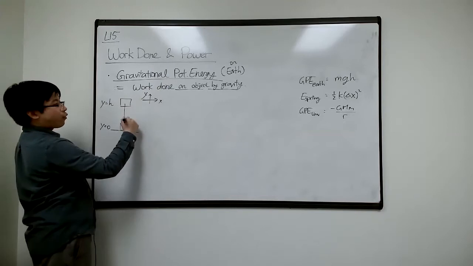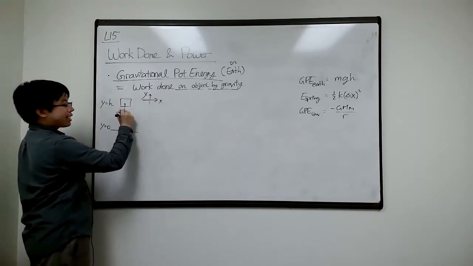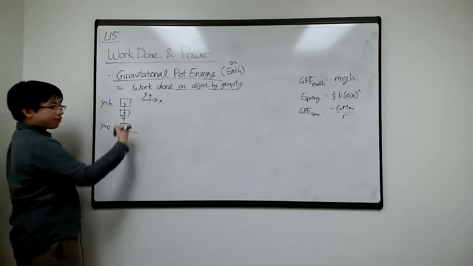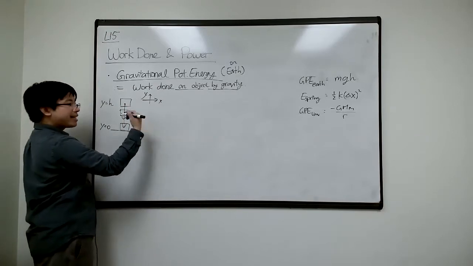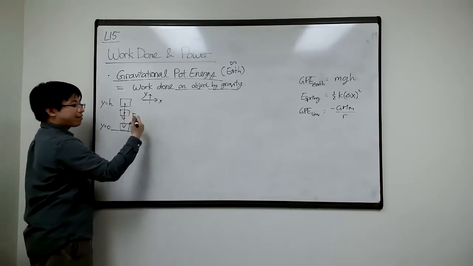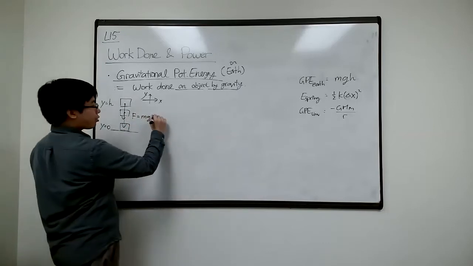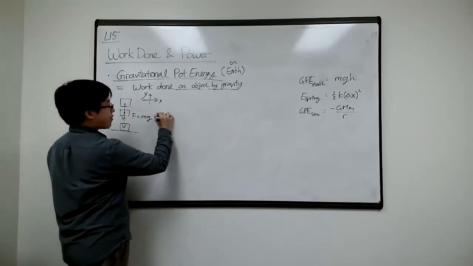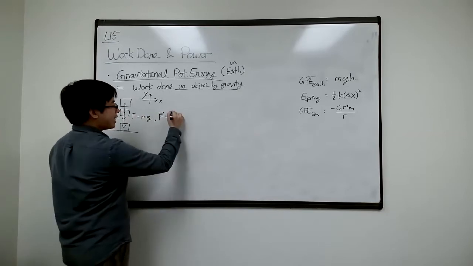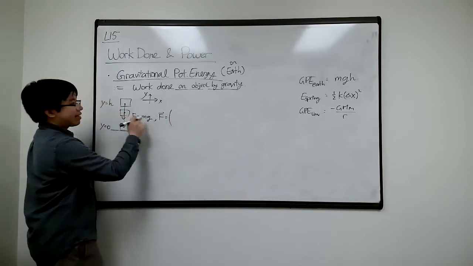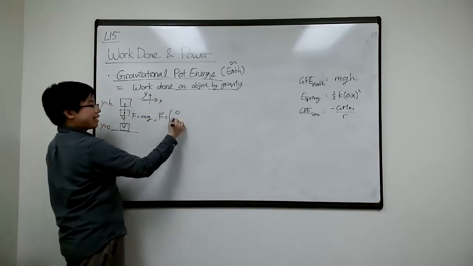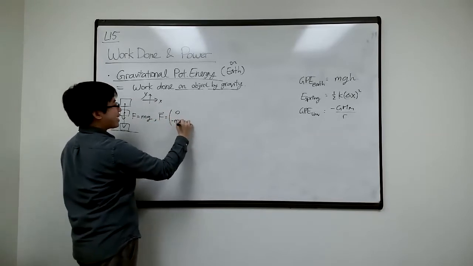Now, what's the force during this whole process? At every single point of the box falling, the force of gravity on it is mg, right? But that's the magnitude. I need the force vector. Does it go in the x direction? No, not with my axis, but it's mg in the downwards direction.